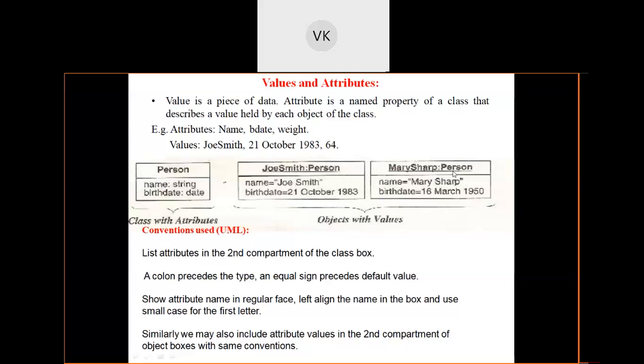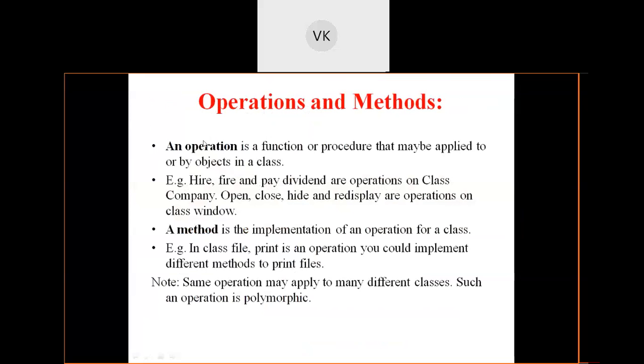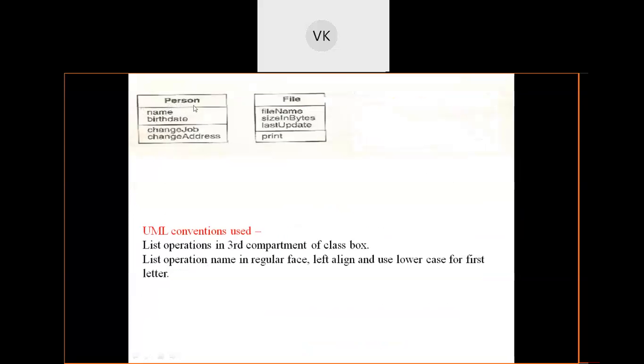Just to see it, all these are the UML notations, Unified Modeling Language, for designing the model for an application. Next, I told you that the third compartment is meant for describing the operations of that class. Here you see as an example person, with name and birth date, and here you see change job and change address as operations. Still many are there. Just for example's sake, I have taken these here. You see the UML convention is to list operations in the third compartment of the class box.